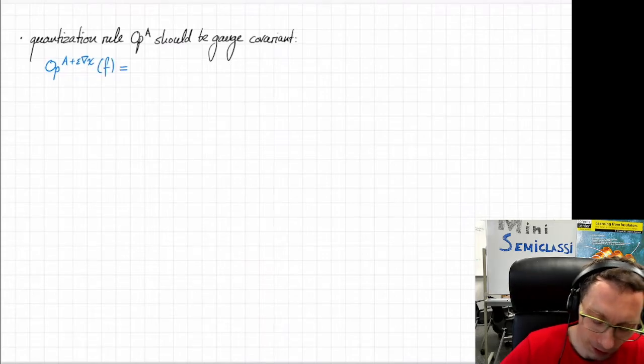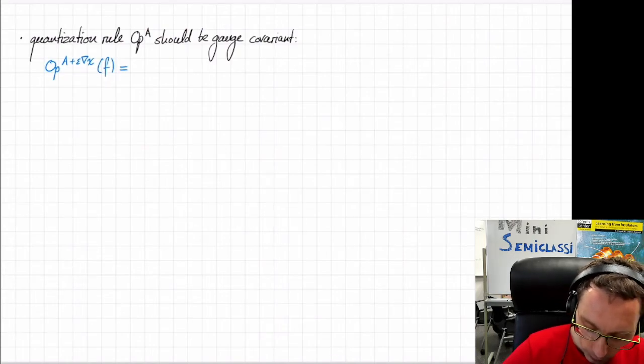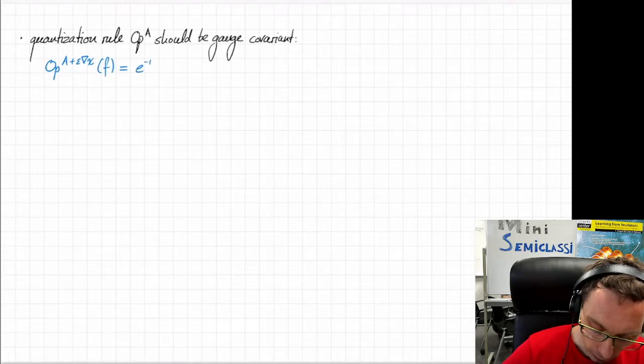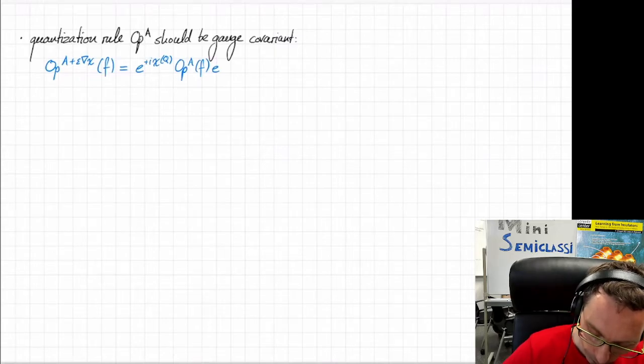Suitable just means, well, what I write down should be well-defined, for example, as an operator on L2, then this is equal to e to the minus i chi of q, op A of f, e to the, sorry, I think the plus belongs here, e to the minus i q.